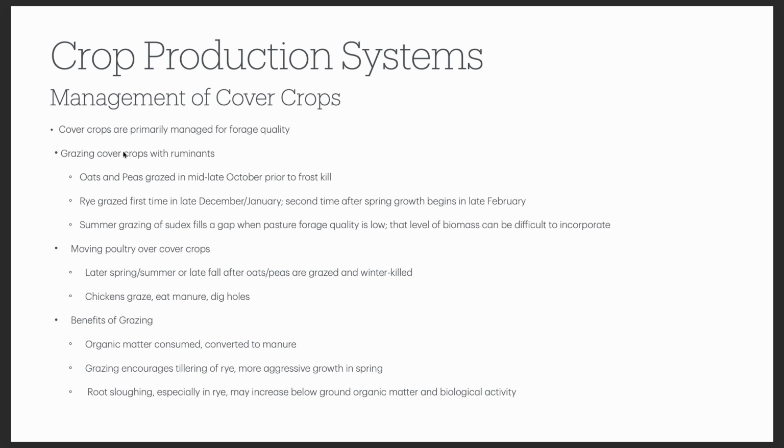So it's a little bit of a different system, with similar benefits. Organic matter being consumed, converted to manure. More aggressive biomass growth in the spring because of the tillering, and of course all that root sloughing that's happening when you're grazing your grass. Just like when you're grazing in perennial pastures, you're creating root sloughing underground, building soil organic matter.